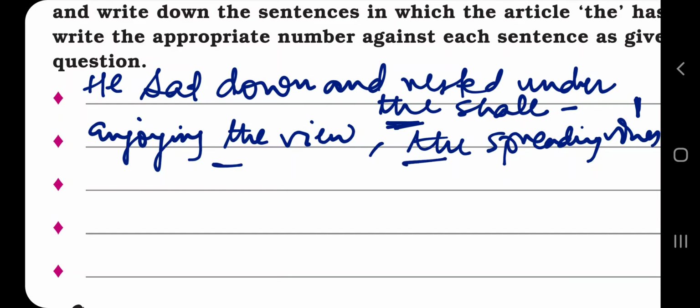Again 2 times the. What will be? It is 1 when the thing is particularized.